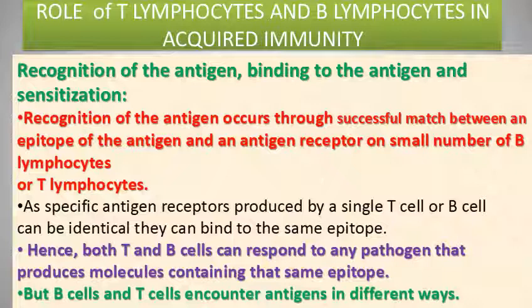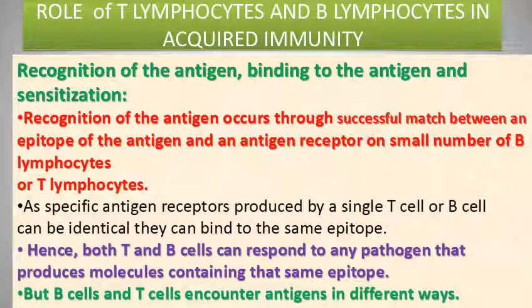Both the T and B cells can respond to any pathogen that produces molecules containing the same epitope. But the way the B cells and T cells encounter the antigen is different. Okay, the way the B cells and T cells encounter antigens is different.